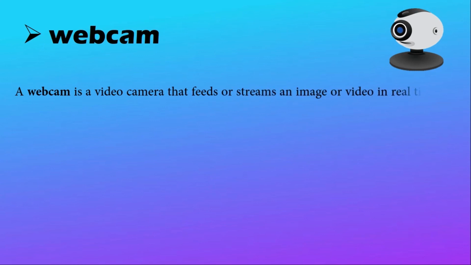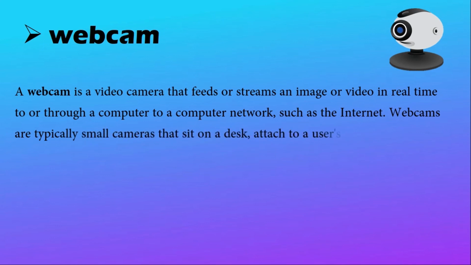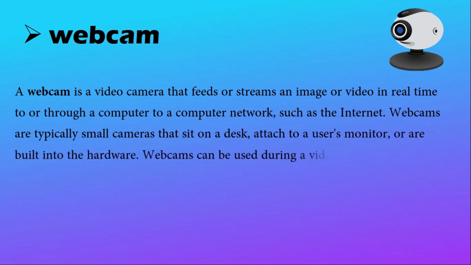So the last one is the webcam. A webcam is a video camera that feeds or streams an image or video in real time to or through a computer to a computer network, such as the internet. Webcams are typically small cameras that sit on a desk, attached to a user monitor, or are built into the hardware.